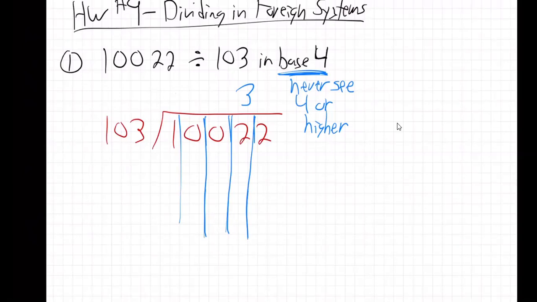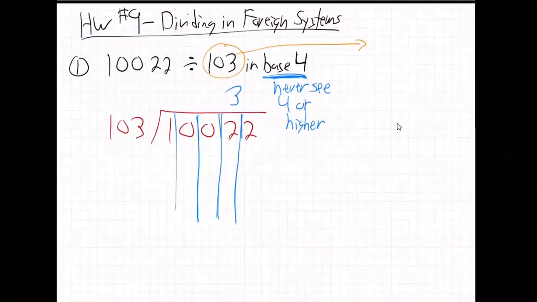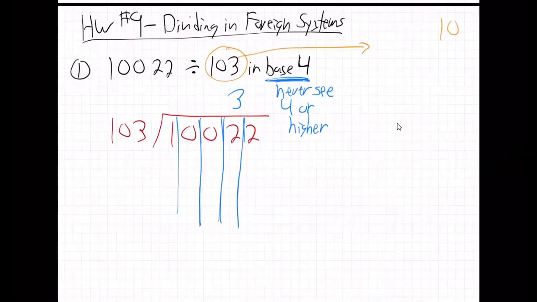What we have to do is grab this 103 right here and go off to the side of our paper, and do our times tables with the 103. I'm going to take the 103 and add it to itself, because I've got to figure out what is 2 times 103. What is 3 times 103, right?